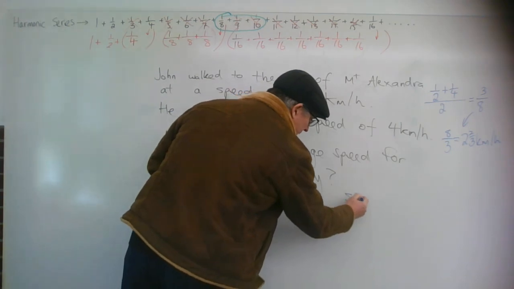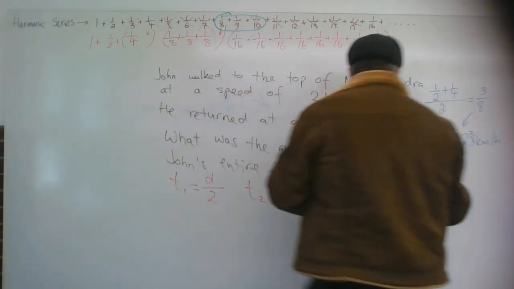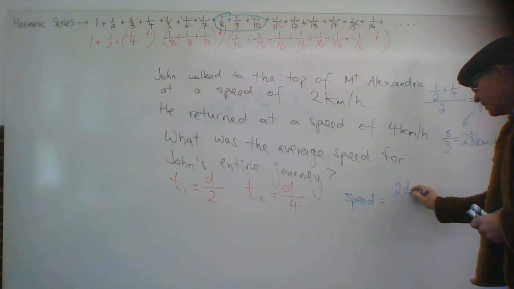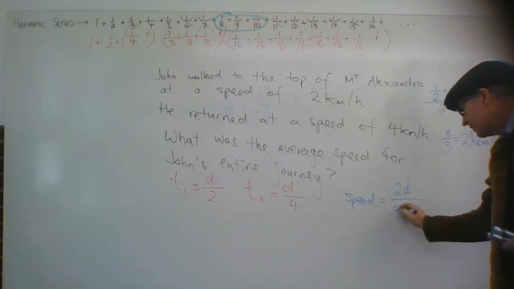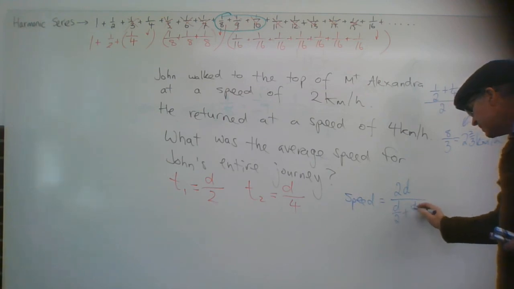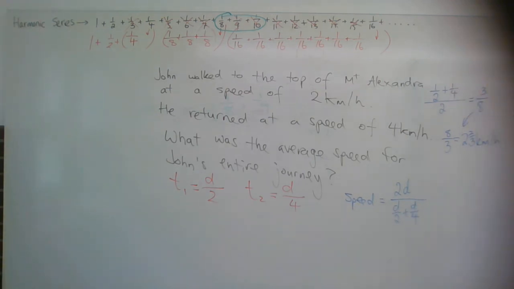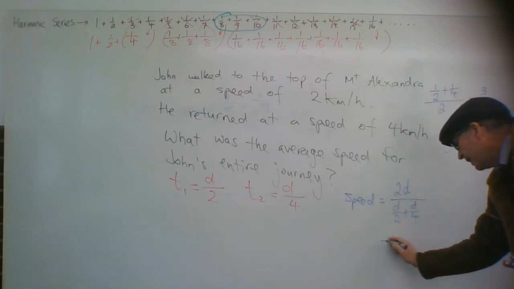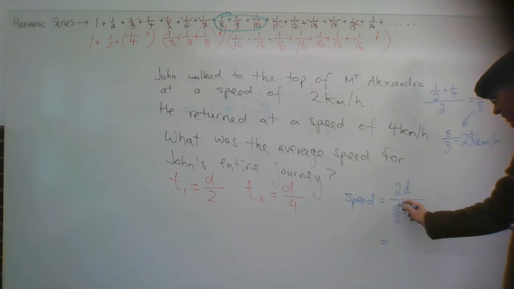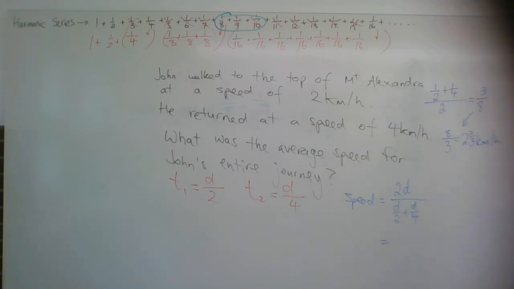So the average speed for the whole journey is 2d, the total distance, divided by d on 2 plus d on 4. Now we can see that this will be equal to 4d plus 2d, 6d on 8.